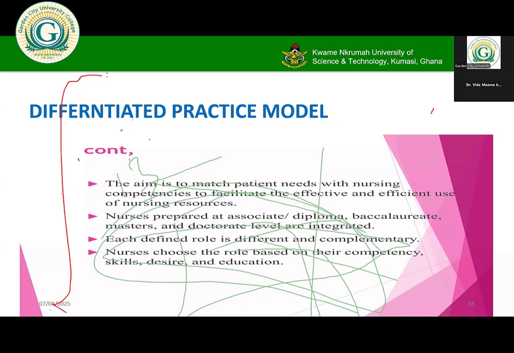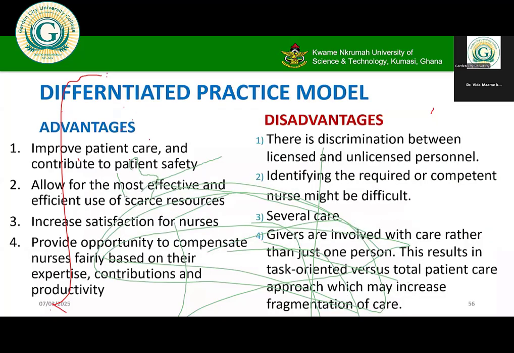So that is the differentiated practice model. And these are the advantages: it improves patient care and contributes to patient safety, allows for the most effective and efficient use of scarce resources, increases satisfaction for nurses, and provides opportunity to compensate nurses fairly based on their expertise and contributions.